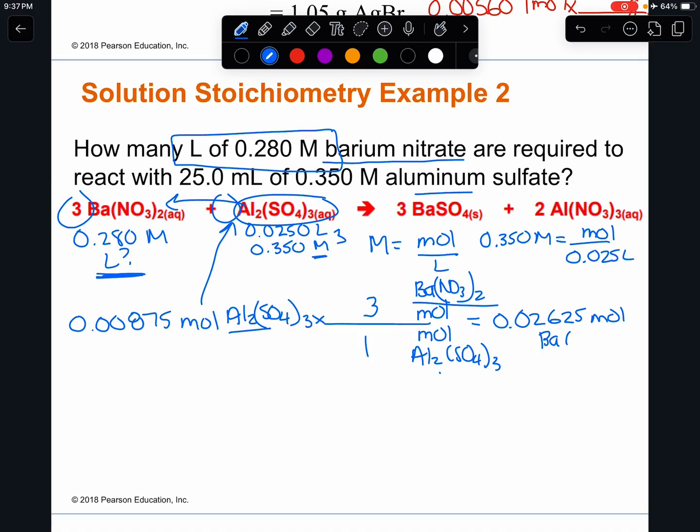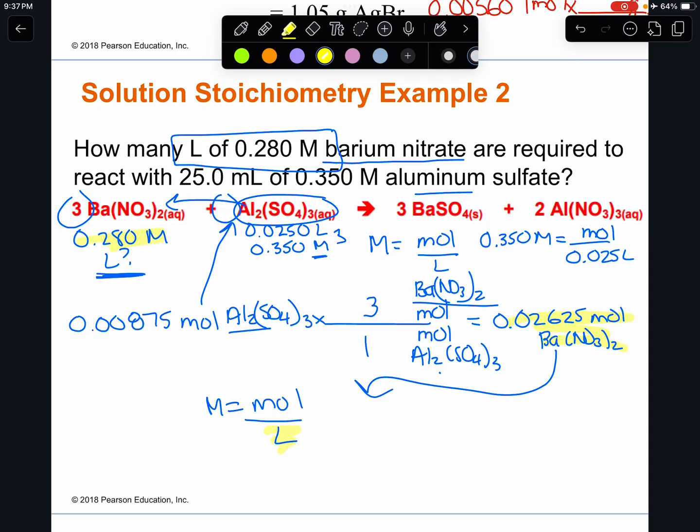Okay. Now, moles of what? Moles of the thing on the top, Ba(NO3)2. Now we're going to do one more molarity equation to finish us off, because now I have moles of Ba(NO3)2 and I also have molarity, and I'm trying to find liters.